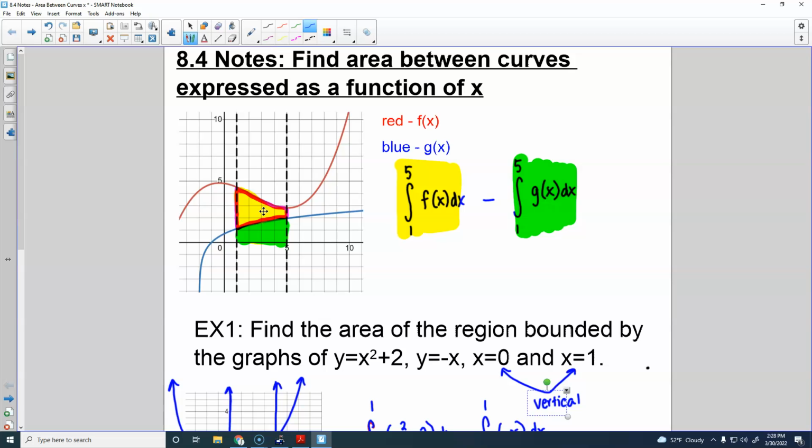Another place this shows up a lot is maybe this first line is your rate that cars enter a parking lot, and the bottom line is the rate that cars are leaving the parking lot. So if you want to know how many cars are still there, you could take the top minus the bottom. That will be one of the applications we'll see out of this.